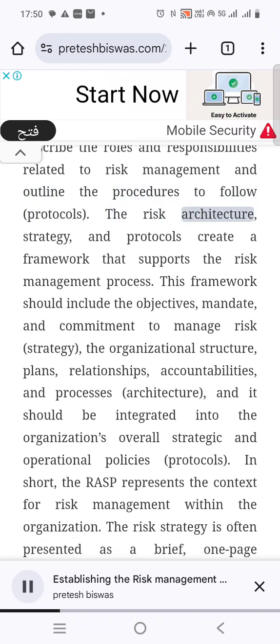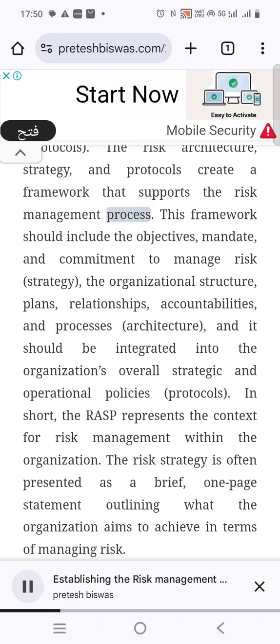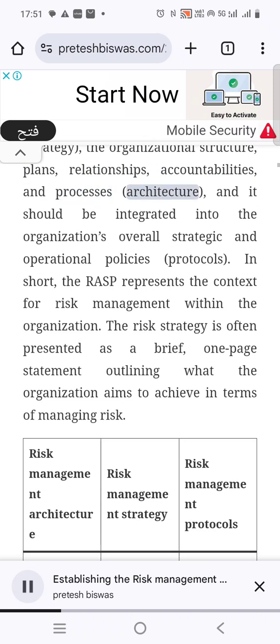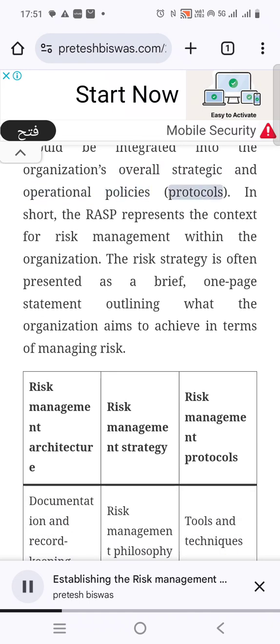The risk architecture, strategy, and protocols create a framework that supports the risk management process. This framework should include the objectives, mandate, and commitment to manage risk, strategy, the organizational structure, plans, relationships, accountabilities, and processes, architecture, and it should be integrated into the organization's overall strategic and operational policies, protocols.